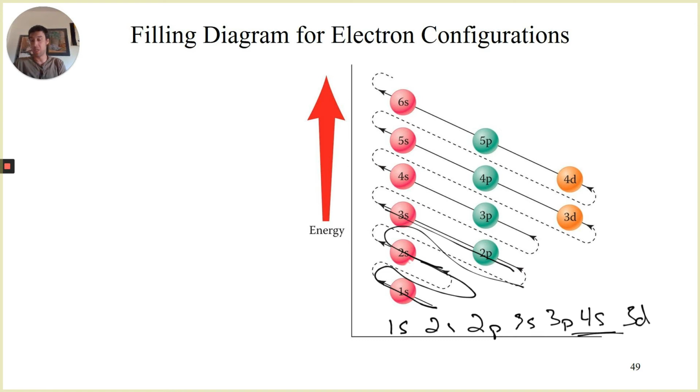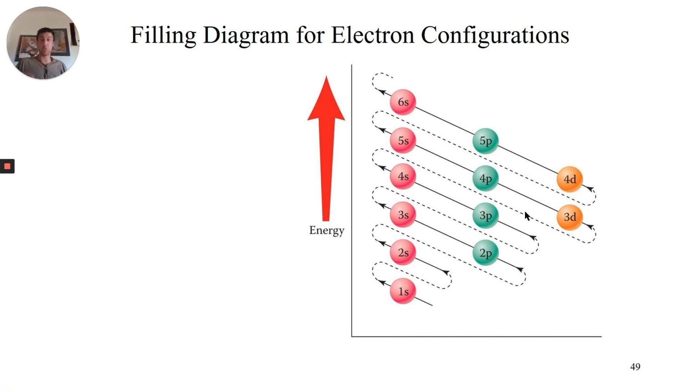This doesn't explain why we're getting that mismatch, and that mismatch has to do with the energy levels getting closer and closer. So we start to see the fill patterns change, right? The other problem with this that I found as soon as I moved to an exam is that I could not draw this out.